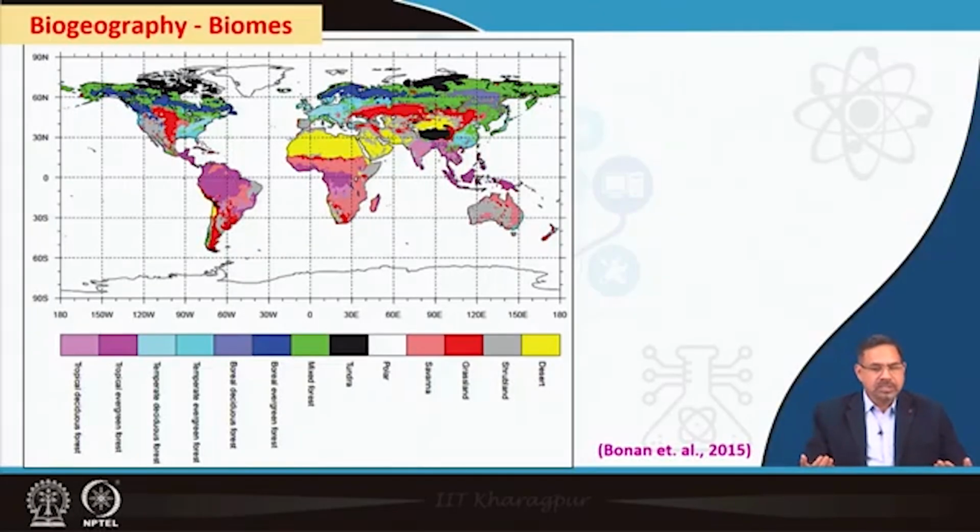Here this is shown between 90 degree south to 90 degree north latitude, south latitude to north latitude, on the y axis, and in terms of the x axis it is between 180 to 180. So, the whole globe has been put here.